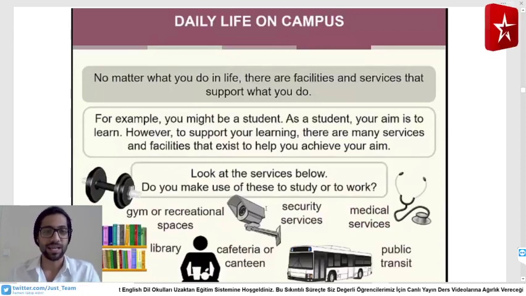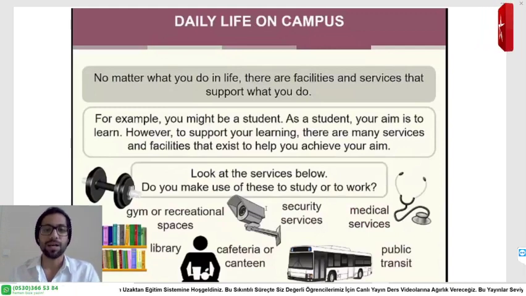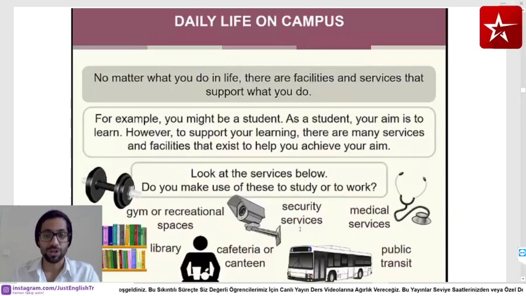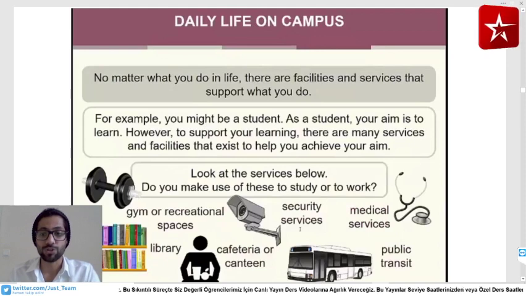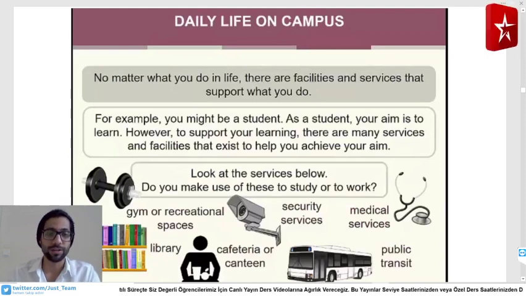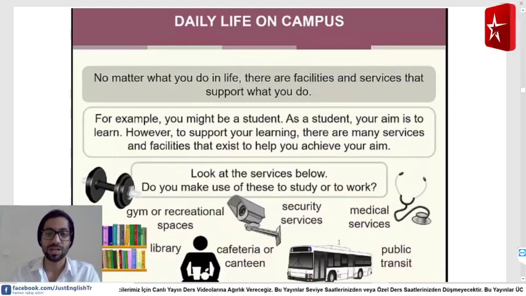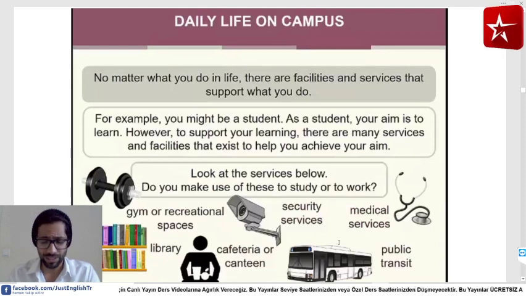Here he says the student's aim in university is to learn, but supported with facilities, security service. Those are to study or for work: gym, recreational spaces, library. Are they important or not? Medical services. And remember, here there is going to be reading.